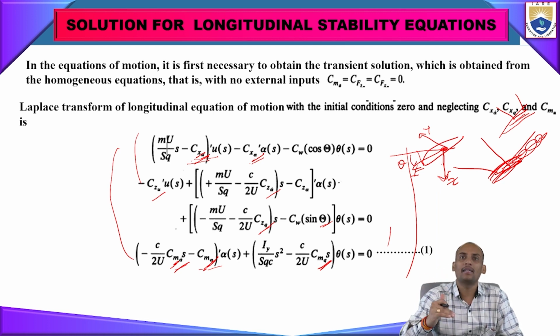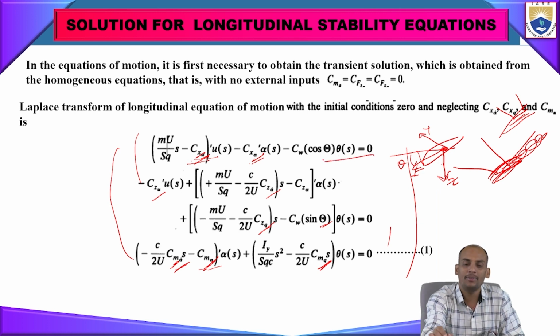Each and every equation, like see here, this is the first equation. The first equation contains only the axis direction things, the linear direction values only. In the second equation, the contents are with respect to the z axis only. After that, the third equation: everything in it is related to moment only.